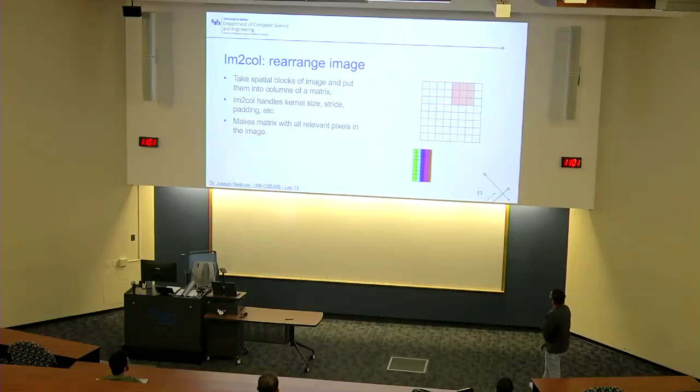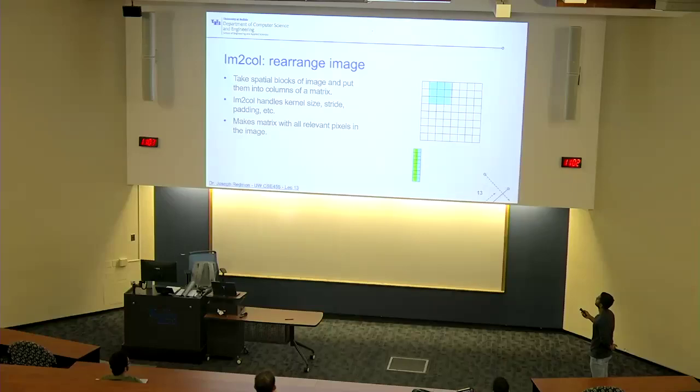So the way that problem was solved, this, I believe, was part of the original Caffe implementation, which is an older neural network framework that I don't think is really used much anymore, but this was a key insight.